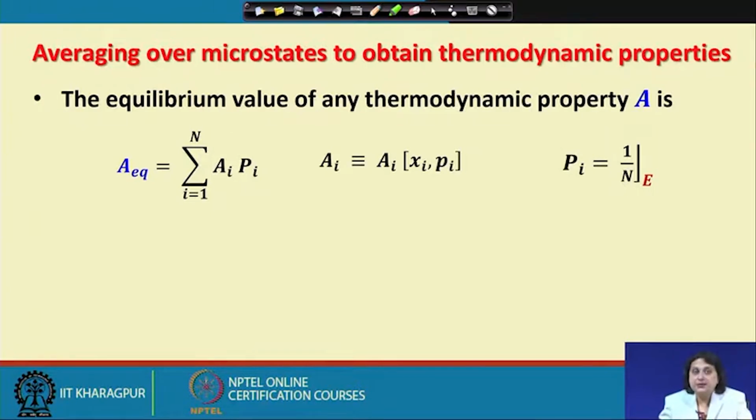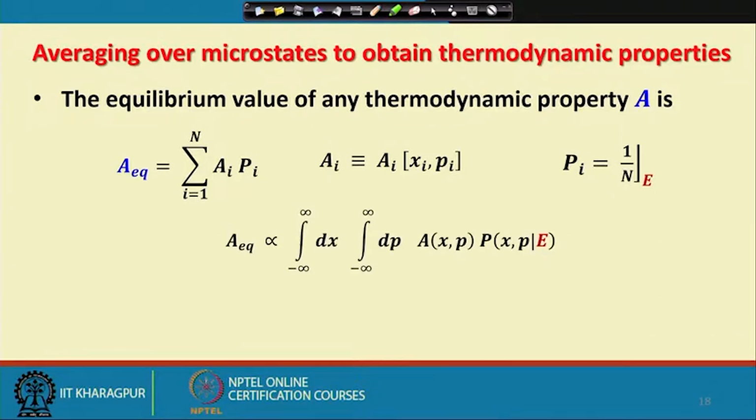But here, all the x and p values can vary continuously. As a result, it is easier to replace the summation in the classical case by an integration. So, essentially I am doing the same thing.